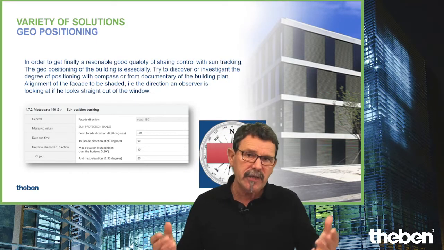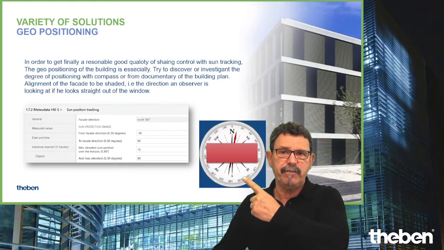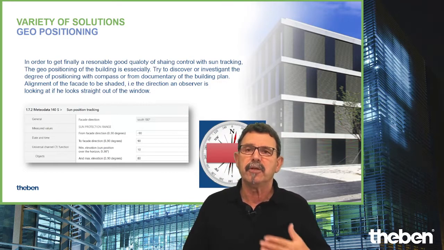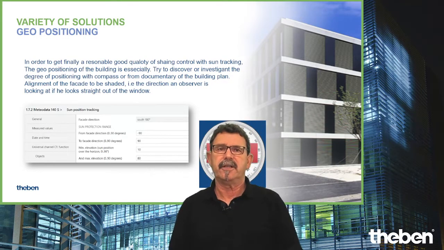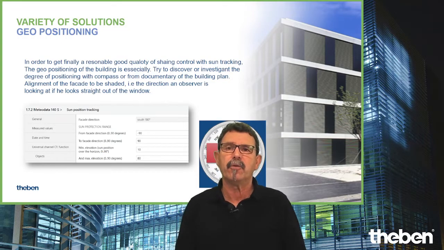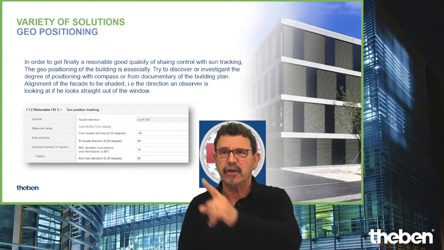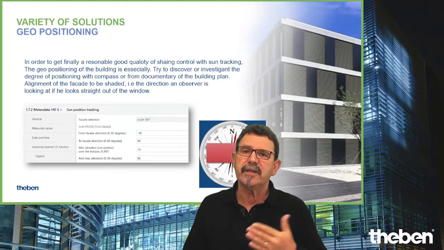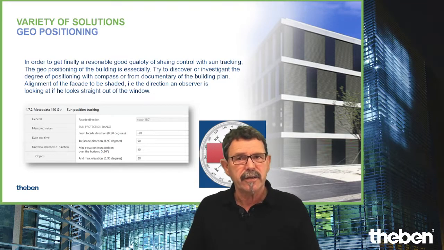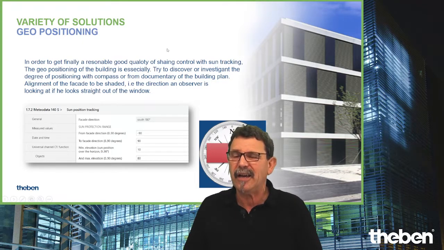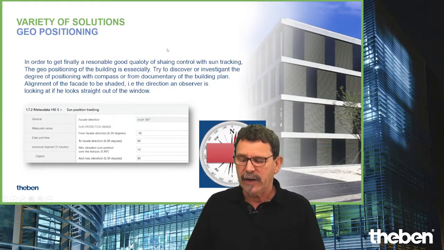That means you need a compass, could be a real one, could be an app, and you put your back against the facade and watch carefully how the building is positioned. This value you have to type in here, because the weather station needs to know where the sun is rising and where the sun is setting. This is a precondition which we need to know and which we have to implement in our application.